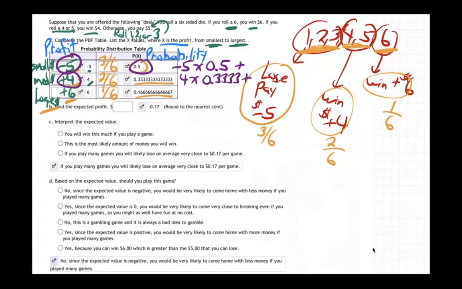That's enough. Plus 6 times this, 0.1666. It's plenty right there. And then hit equals or enter or whatever works on your calculator.